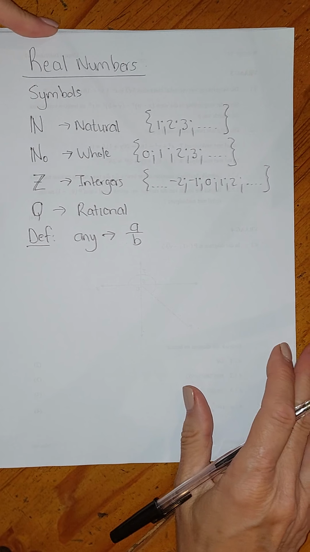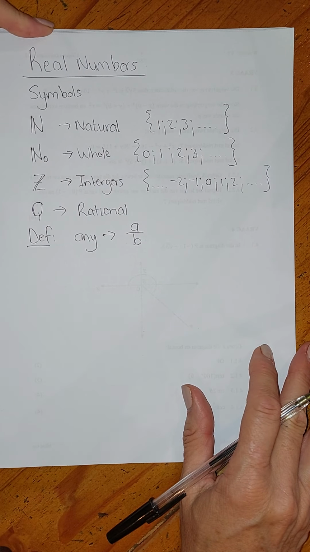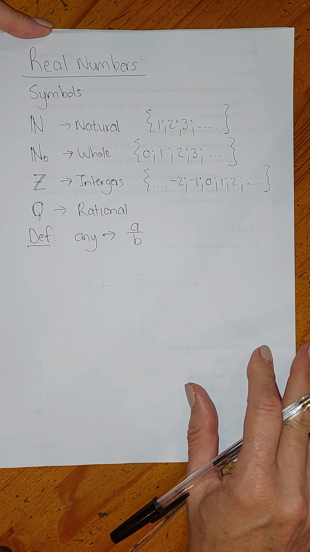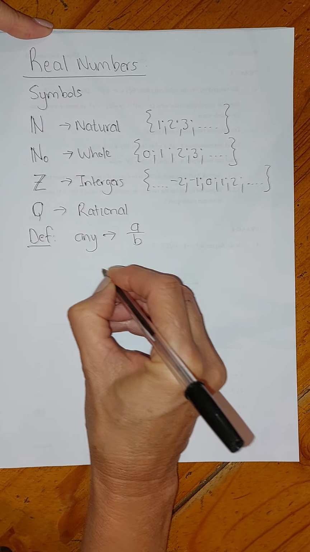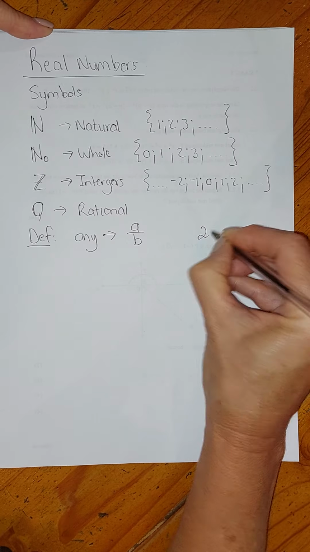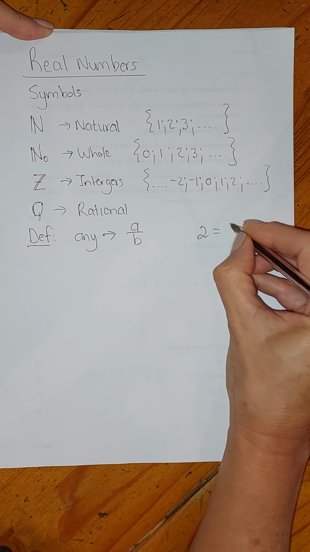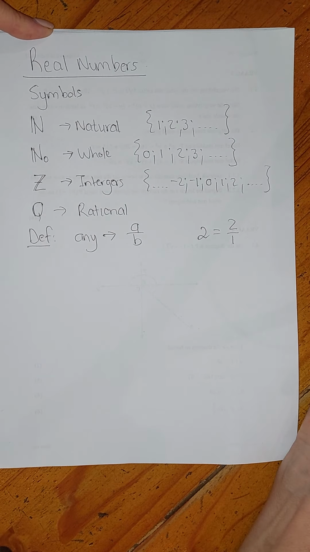So any number that we can write as a fraction is a rational number. For example, 2 is a rational number because 2 can be written as 2 over 1.